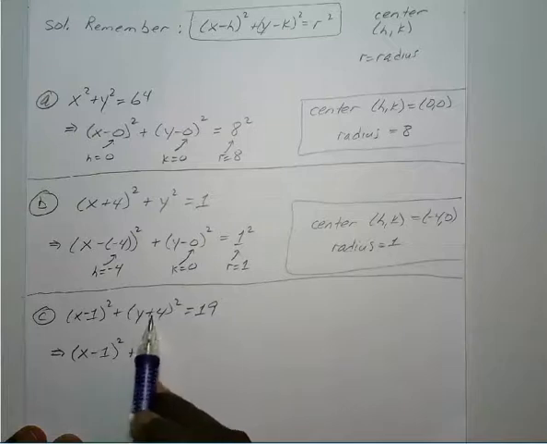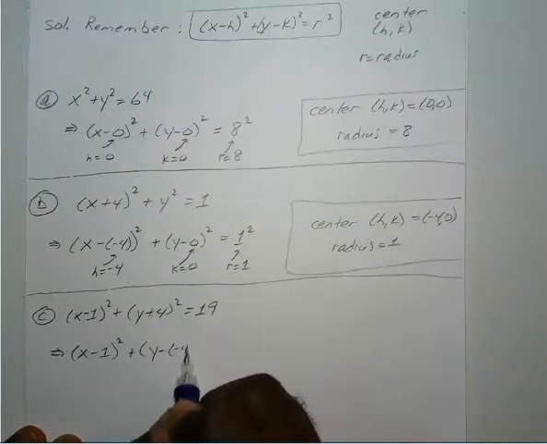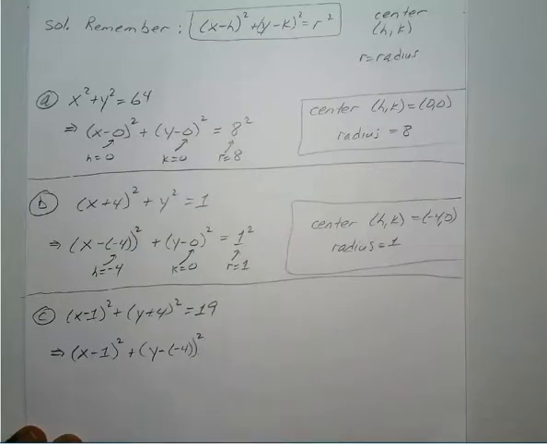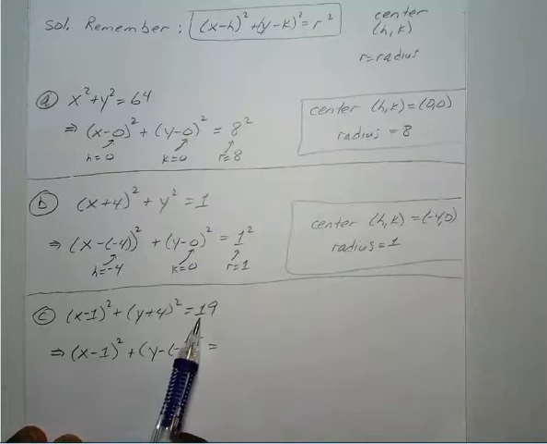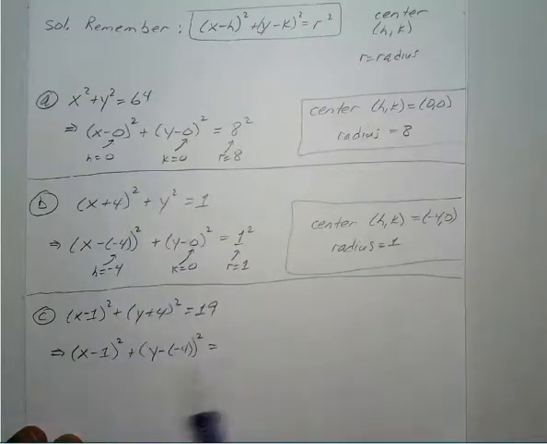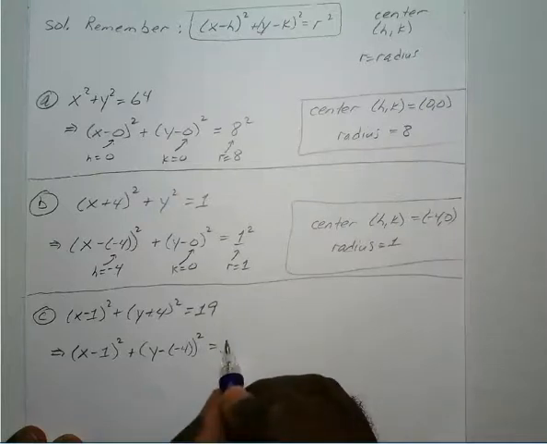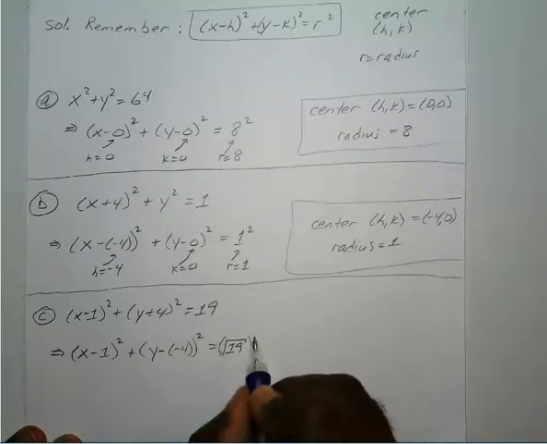Plus, you have y plus 4. We want to make that minus. So you have y minus negative 4 squared equals, now 19 is not a perfect square, so we can't just do what we did with 64 and 1. But we can make 19 square root of 19 squared.